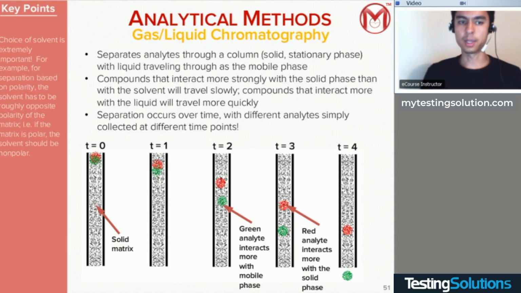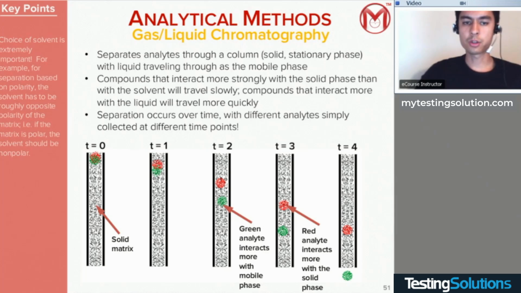So again, here I have a polar mobile phase. Let's imagine that. It's a polar mobile phase and a nonpolar stationary phase. So I pour my mixture in at the top, and over time they start to travel through, go down and down. And you'll see that they'll start to separate based on their polarities.